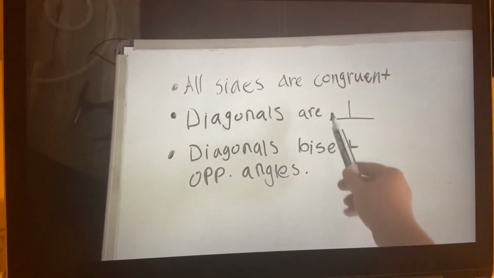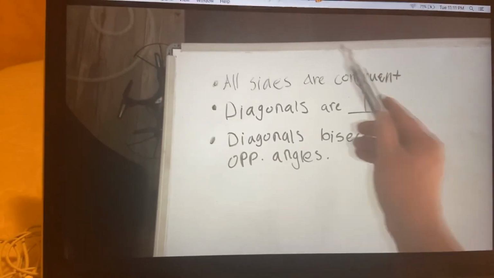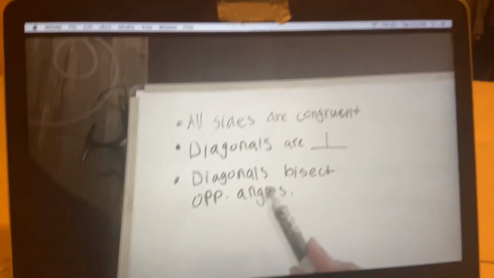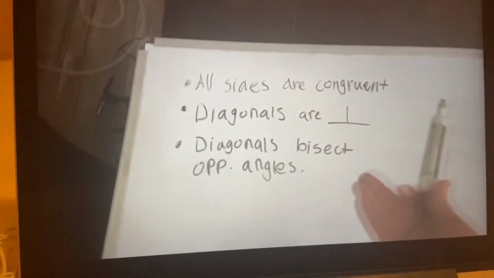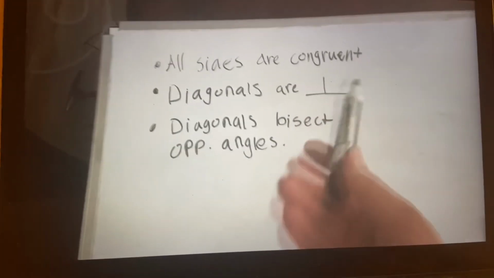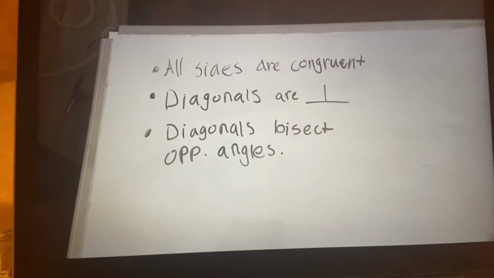Okay, the additional characteristics that were added on the slide are these that I've written down here, which are: all sides are congruent, diagonals are perpendicular, and diagonals bisect each other. Sorry, I mentioned there were 4 new characteristics. I meant to say 3. There are 3 new characteristics.